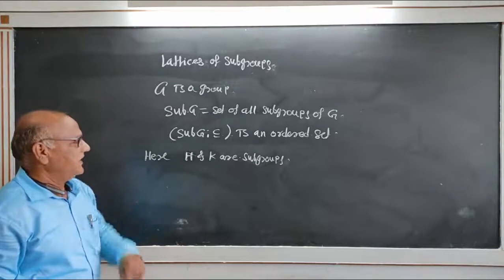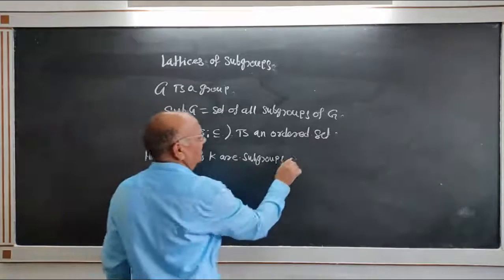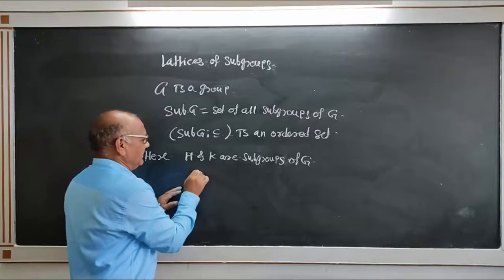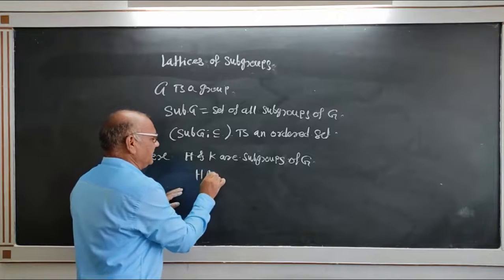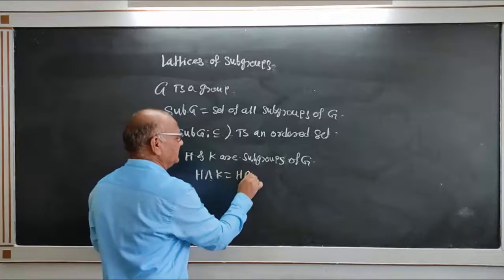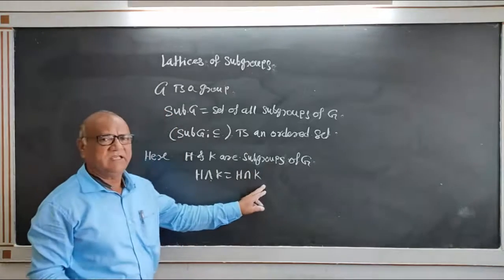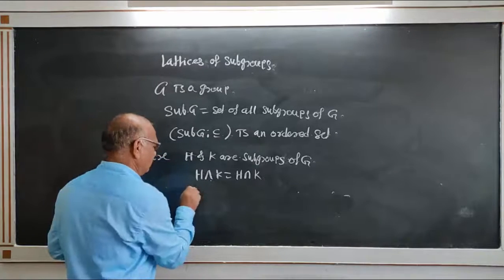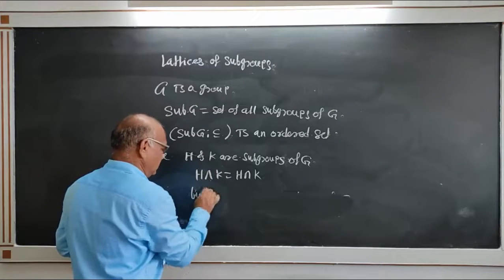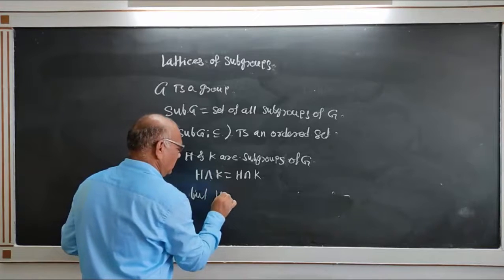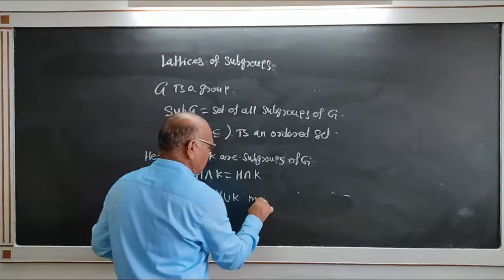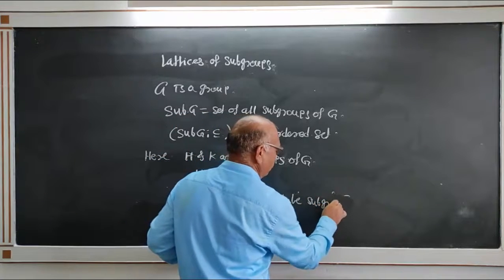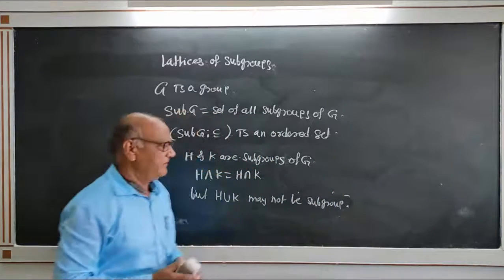Here H and K are subgroups of G. Then H meet K is equal to H intersection K, and H intersection K is again a subgroup. But H union K may not be a subgroup.